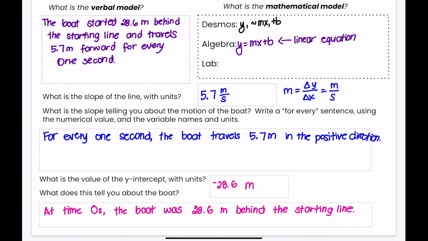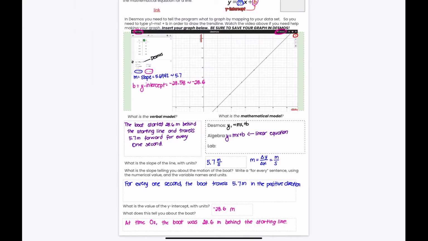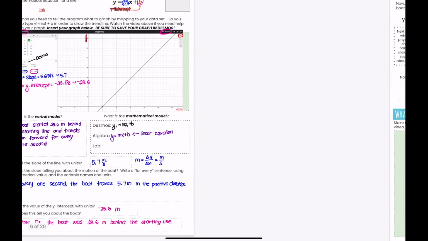And now our lab equation is just going to be just that. We're going to replace y, m, x, and b with what it actually means.